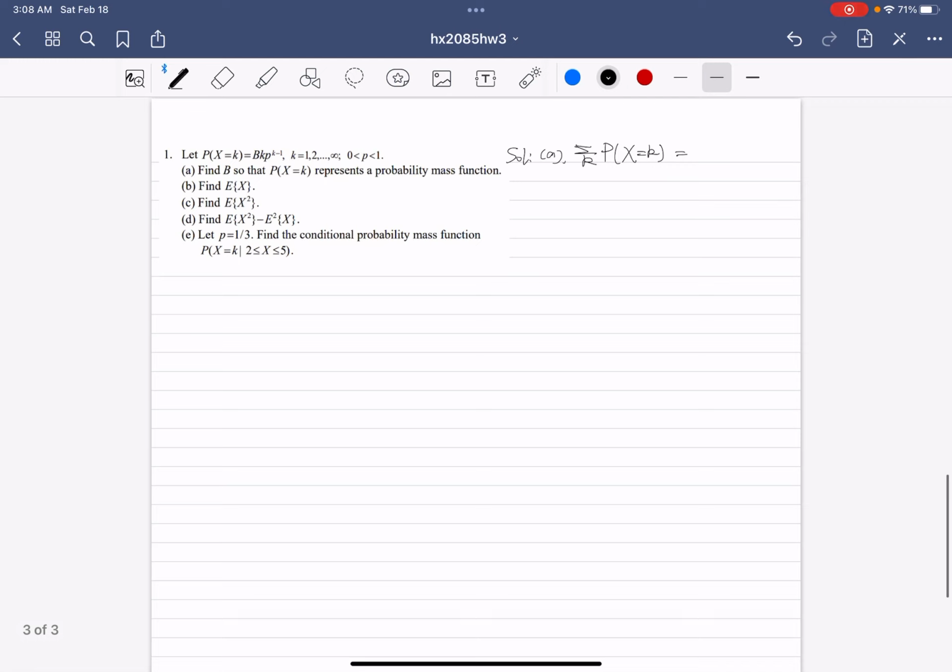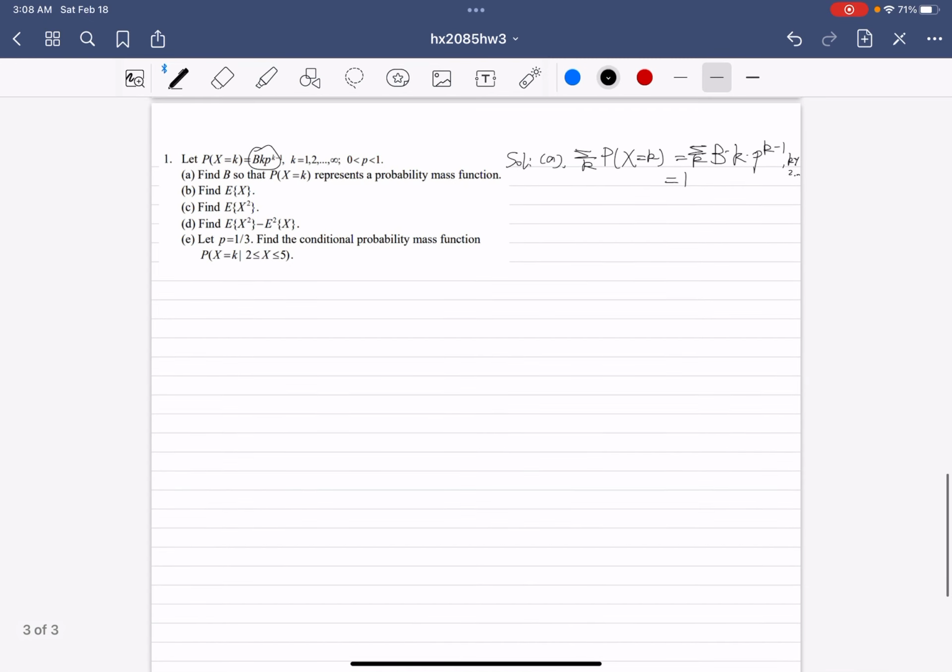And the probability x equals k is given as b times k times p to k minus 1. It should be 1. And to find b, we need to find the sum of k times p to k minus 1.